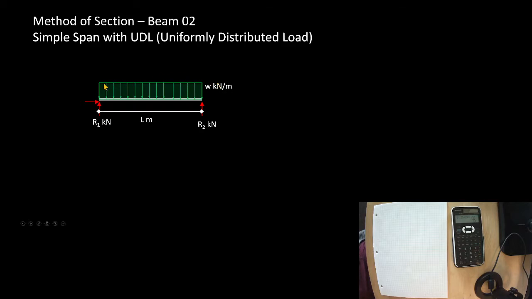We have an unknown uniformly distributed load called W. So every meter of this beam has W kilonewtons on it. If W was 1 kilonewton per meter and this was 1 meter long, we'd have 1 kilonewton. If this distance was 2 meters long, we'd have 2 kilonewtons, with a kilonewton at every meter along its length.